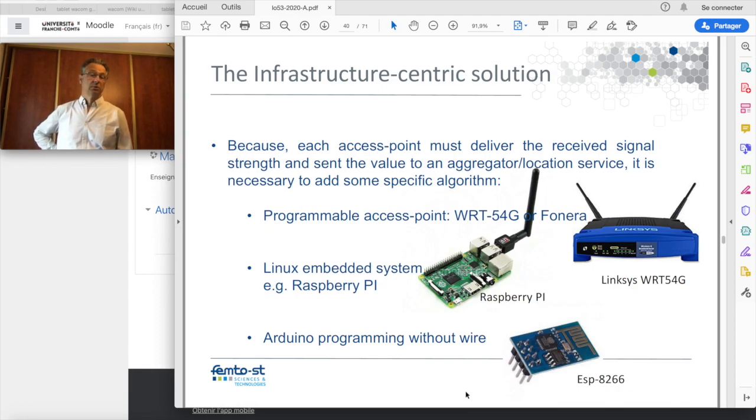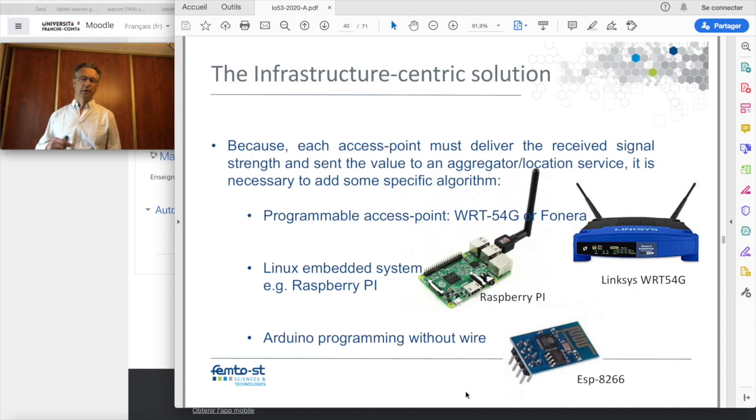But today you can use, for example, a Raspberry Pi computer in order to transform it into an access point. Adding a Wi-Fi device is better because of the chipset.